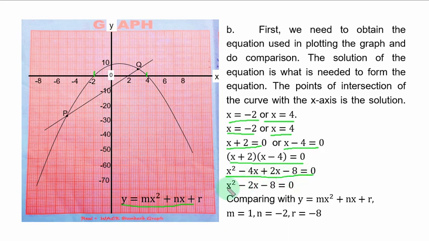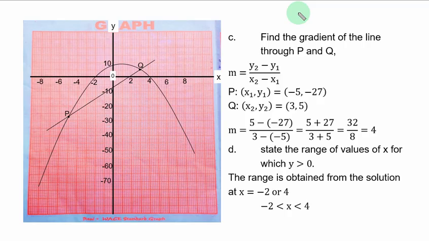If you add like terms, you have s squared minus 2s minus 8 equal to 0. If you compare this with the given equation, you see that m is the coefficient of s squared. So m is equal to 1. n is the coefficient of s. So n is equal to -2. And arrow is the constant term. So arrow is equal to -8.